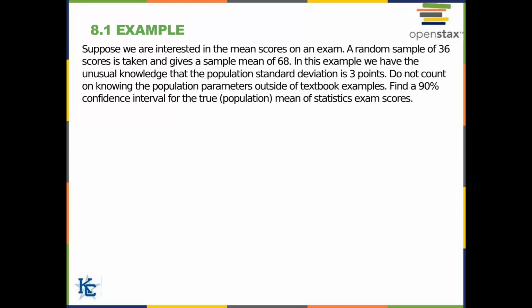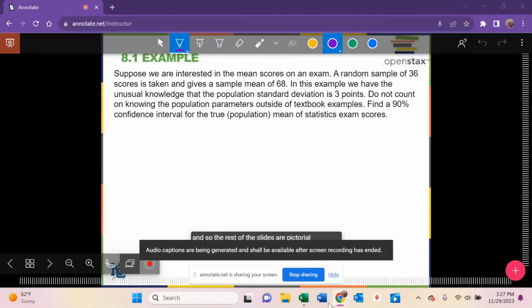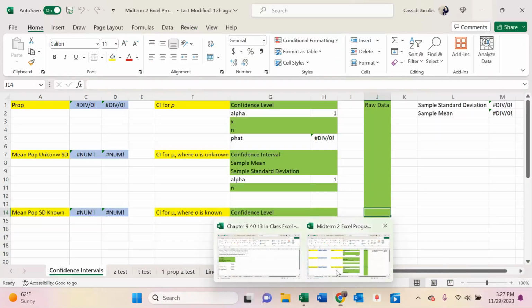So let's look at how to use the Excel program that I provided to you to be able to do this problem. Give me just 1 second to share my screen. Okay, so I'm going to open up the Excel.